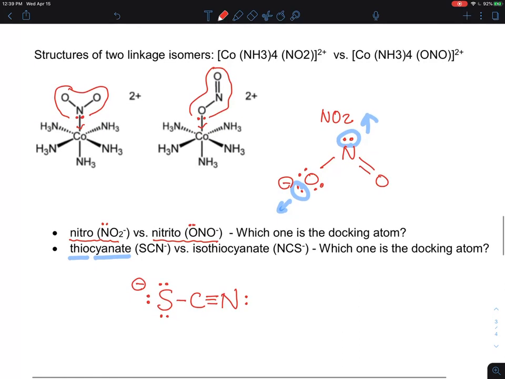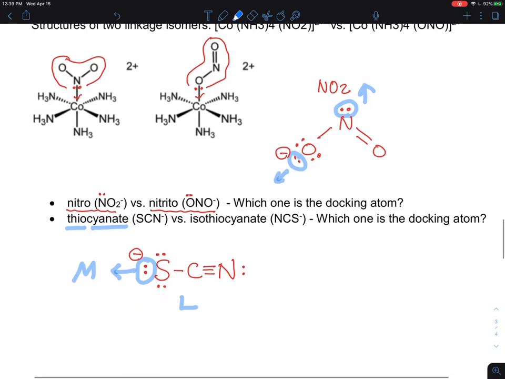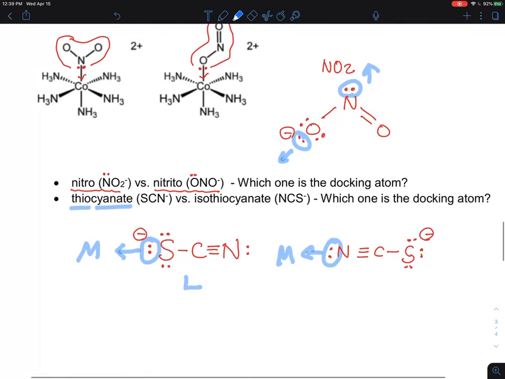And as you can see, this one can form the complex with the metal, right? This is a ligand. Or you can see that, oh, why don't I do this one other way? I just flip this molecule, right? And then you can see that this one is forming the complexes. So these are what are called the linkage isomers.